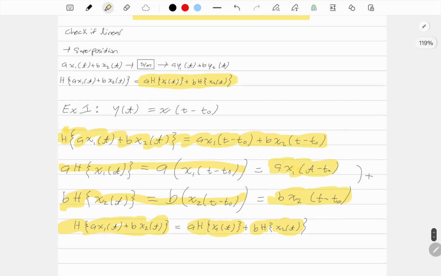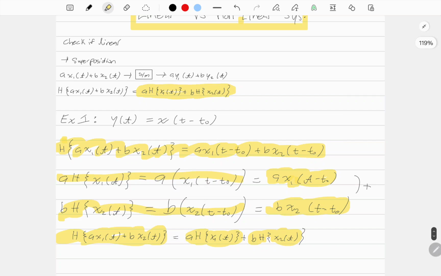to each term. And we could clearly see that they're equal to each other. So this is equal to this, and this term is equal to that term, and the equations are basically equal to each other.